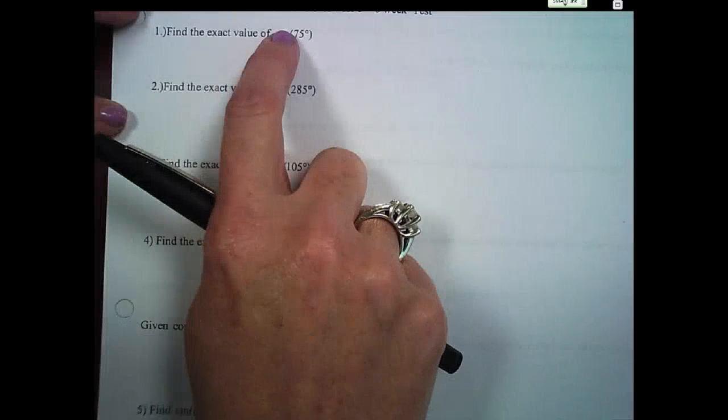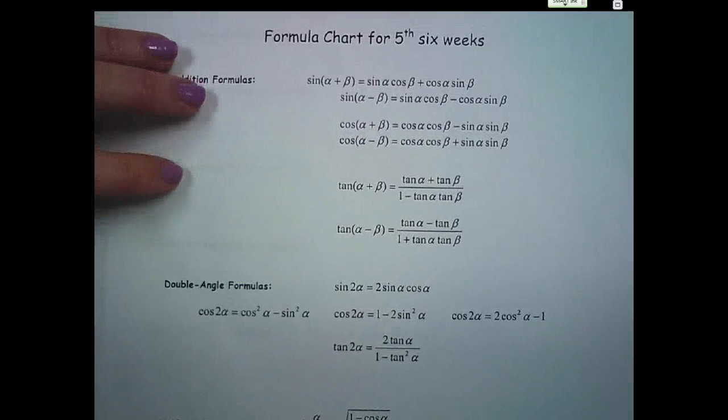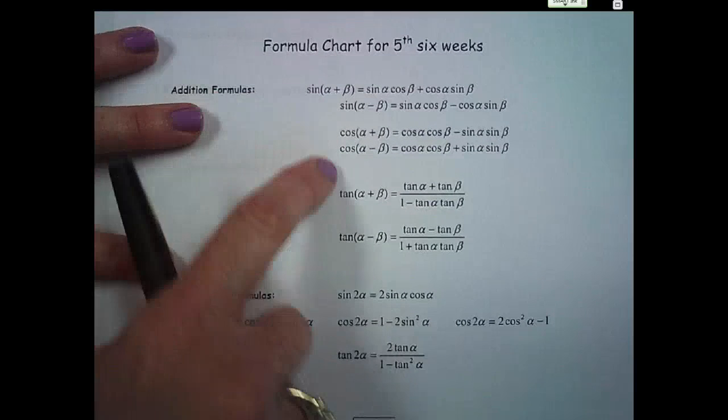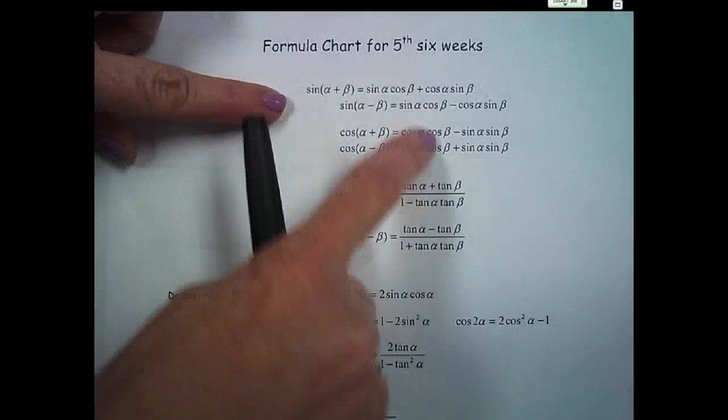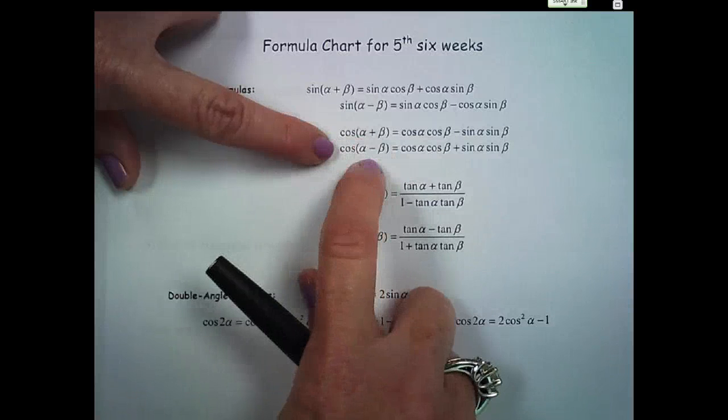So if we turn to number 1, you're going to find the exact value of cosine of 75. If you look at the cosine, you have a couple of options here. The ones I'm going to use are these two. I can do alpha plus beta or alpha minus beta.